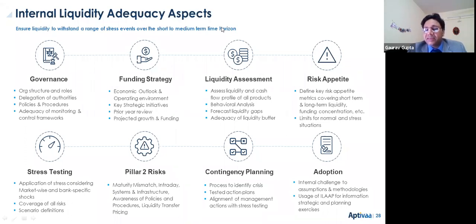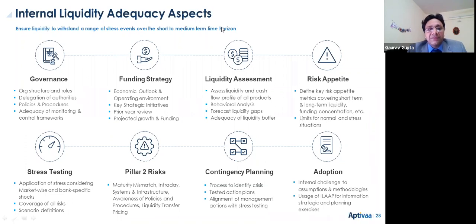In that way this ILAP acts as an exercise through which you ultimately move towards pricing your liquidity risk accurately or reducing your portfolio, so that the undue risk you are taking is not on the balance sheet of the bank.